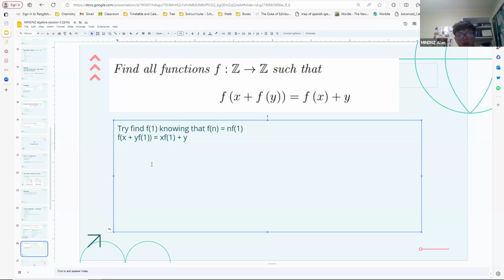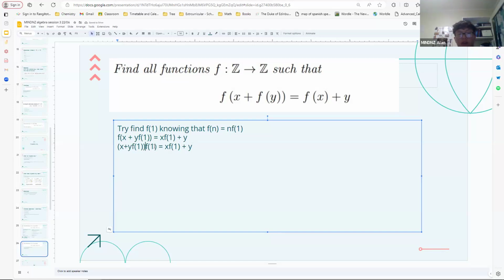So we know that (x plus y f of 1) times f of 1 is equal to x f of 1 plus y.